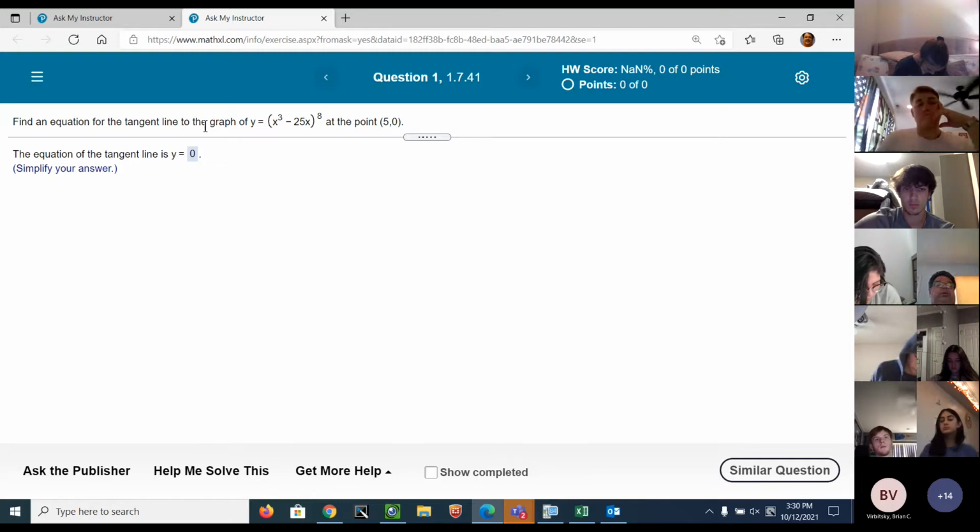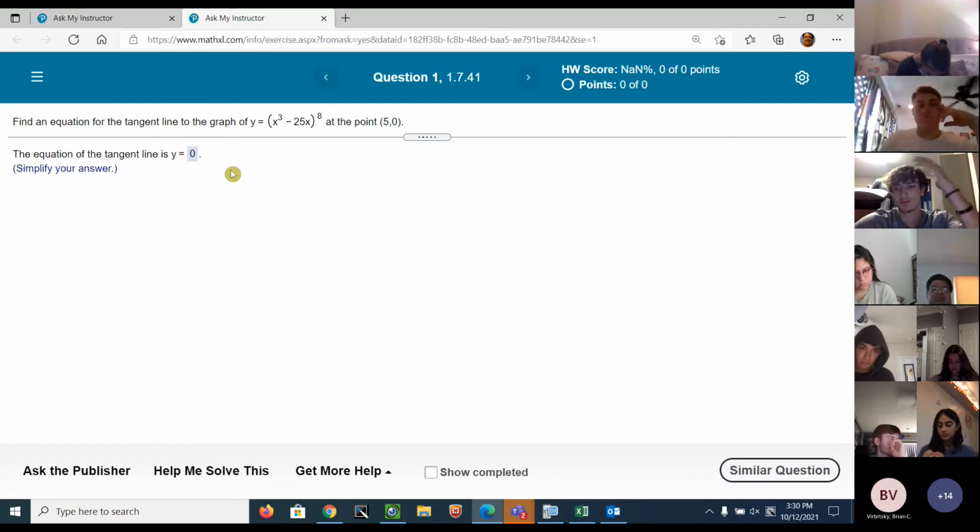Find an equation for the tangent line of the graph. Y is equal to, this is the same type of question that I wouldn't put on a test. Y is equal to x to the third minus 25x raised to the 8th power at 5, 0. They want an equation of a line, but they don't tell you that until the answer right there.